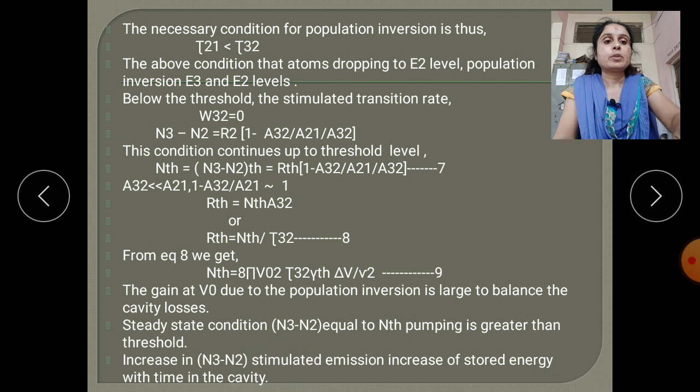In this manner the population inversion provides gain balancing the cavity losses.